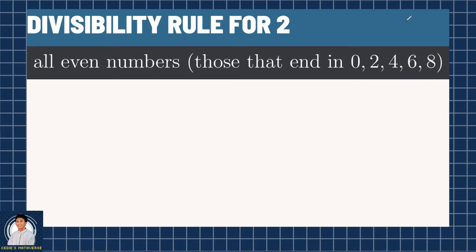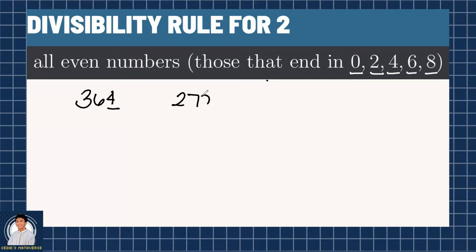So the divisibility rule for 2 comprises all even numbers. Those numbers that end in the digits 0, 2, 4, 6, and 8. For example, 364 is divisible by 2 since it ends in 4.